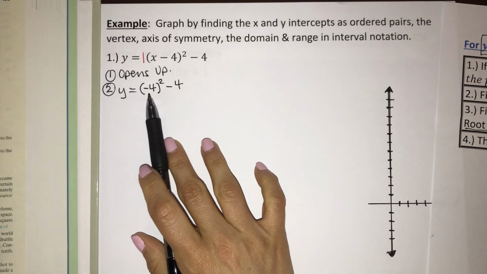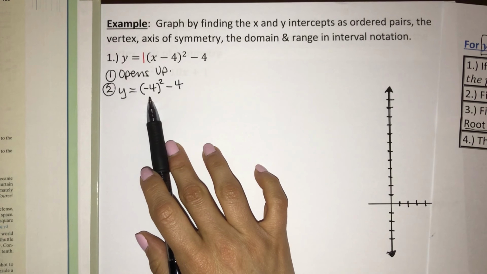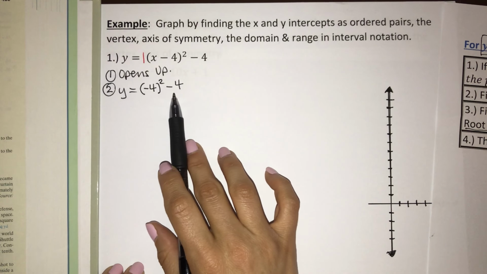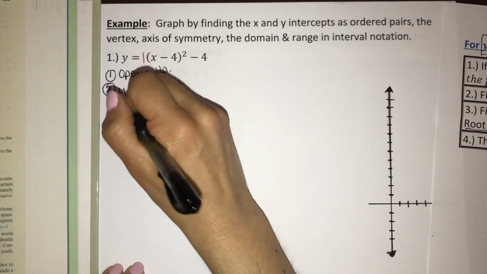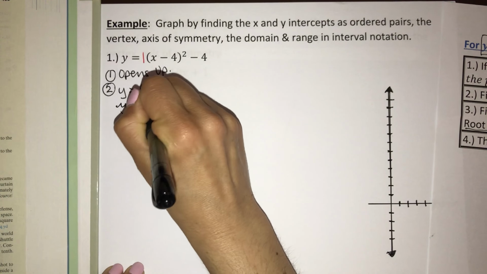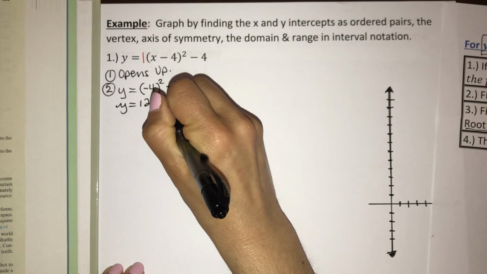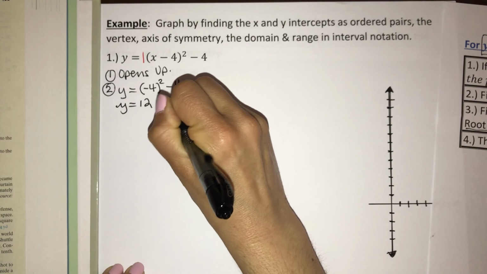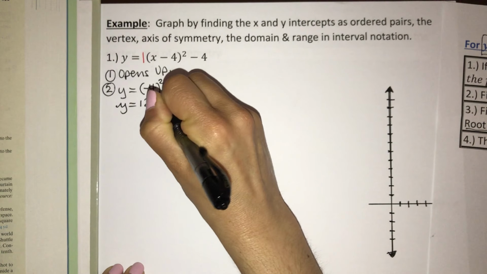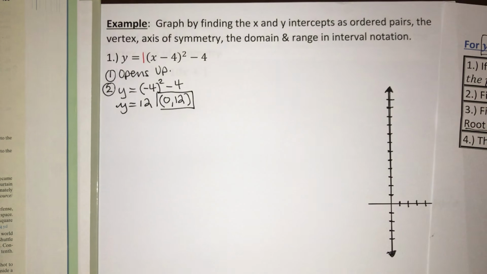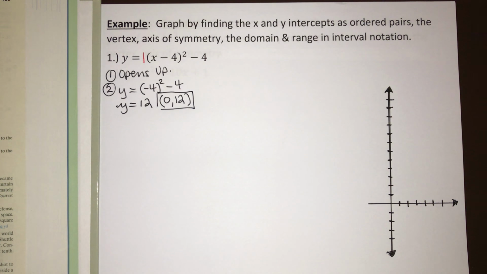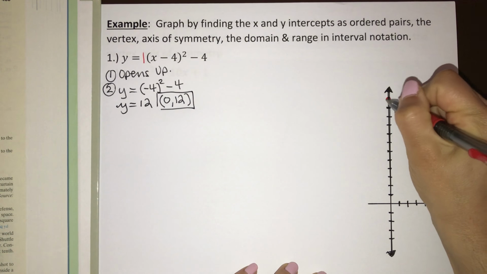You have to keep the parentheses there because this comes out to be positive 16 minus 4. And so we get that y is 12. I can write my y-intercept as (0, 12). That's a point we can put on the graph. So I have this point.